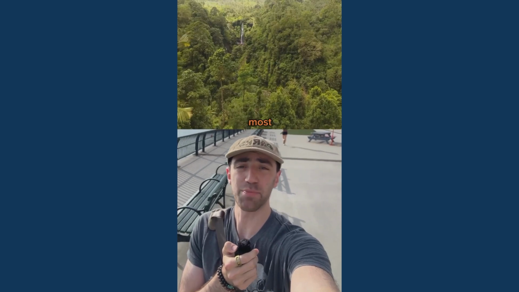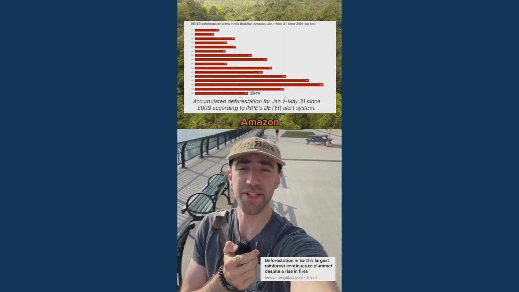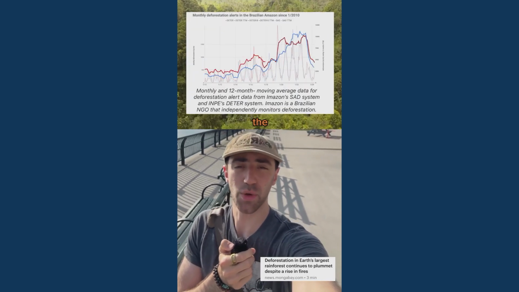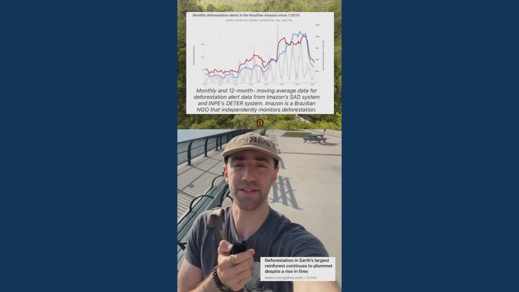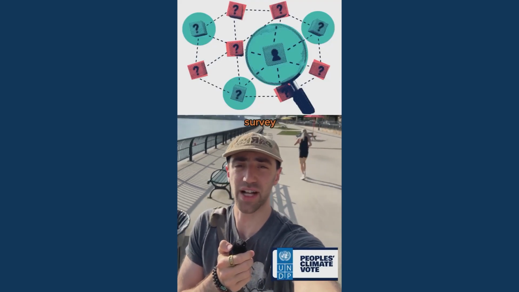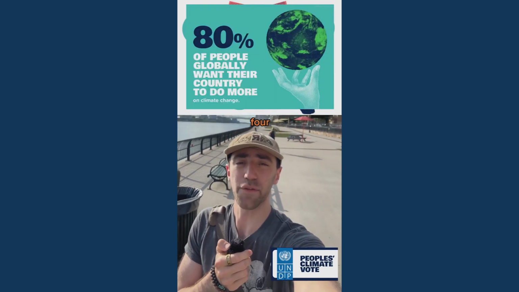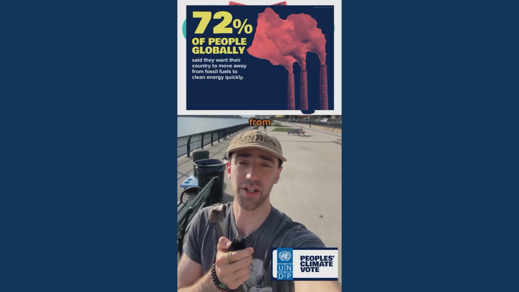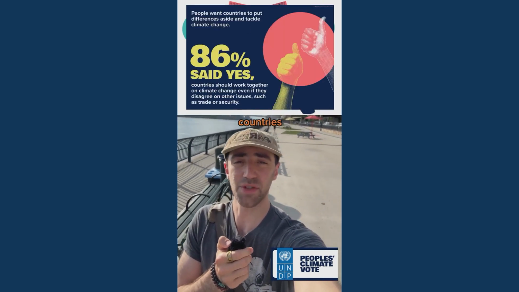For the first and only time, it's June 24th, 2024, and here are the most promising stories of the day. Amazon rainforest deforestation in Brazil has dropped 40% since last year and reached the lowest level since 2018, even during a rise in forest fires, trending closer to President Lula's pledge of zero deforestation by 2030. Three, the world's largest survey on climate by the UN in Oxford found 4 out of 5 people want their country to take more climate action, 72% want to move away from fossil fuels, and 86% said countries should put differences aside and work together to solve this.